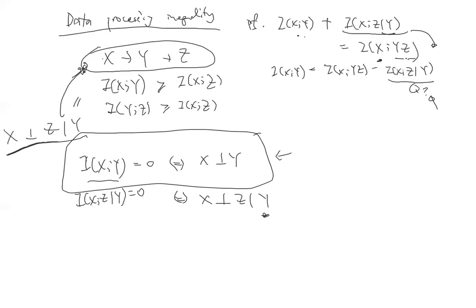So don't rely on that. The Venn diagram is a quick memory aid to remember some of these inequalities, but if you try to rely on it to derive inequalities, that will probably be problematic.